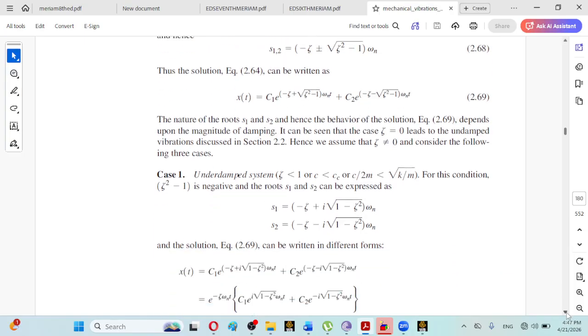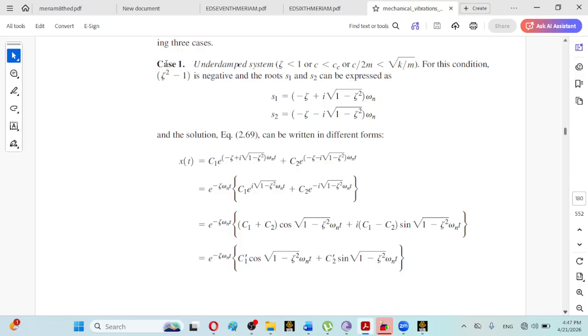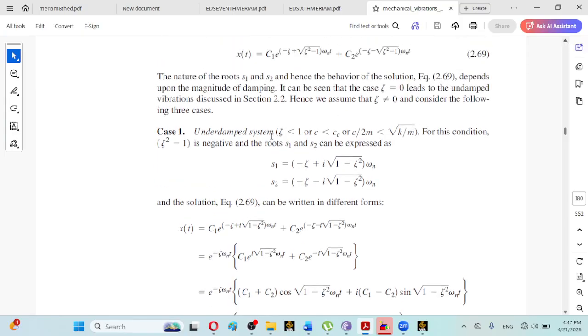The three cases are such that case 1 is the underdamped system. This will be called the underdamped system. What will be the statement for this? The damping factor or damping ratio will be less than 1, or alternatively C will be less than Cc.